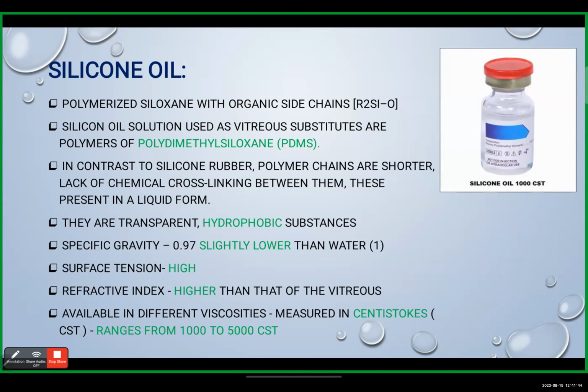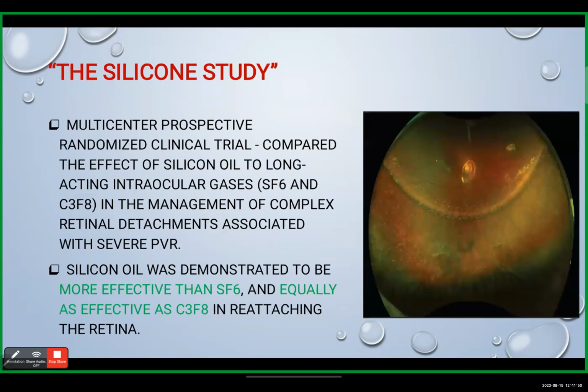It is available in different viscosities, ranging from 1000 to 5000, measured in centistokes. We have one Silicone Oil Study in which we compare between silicone oil, SF6 and C3F8.